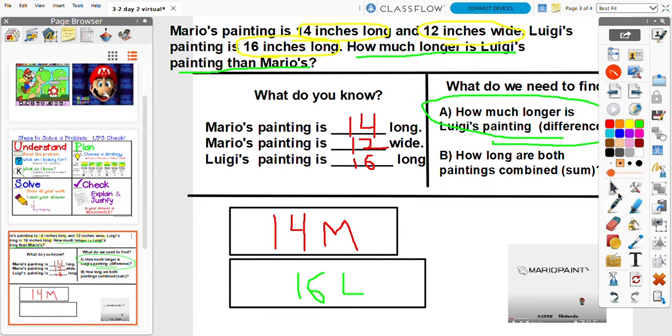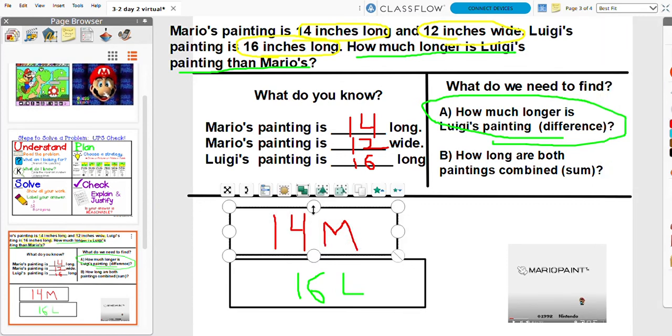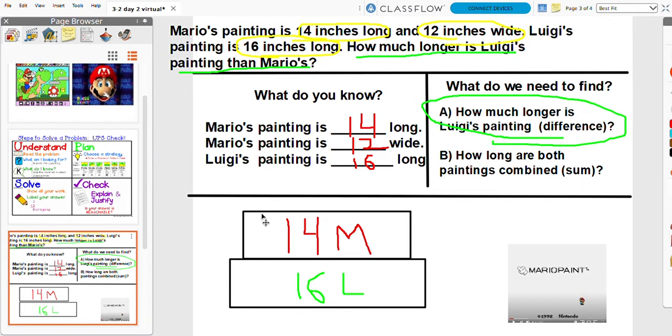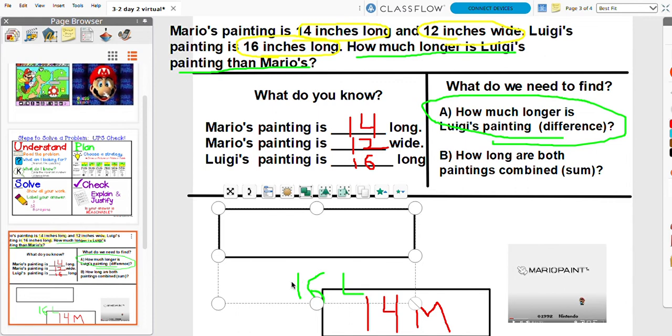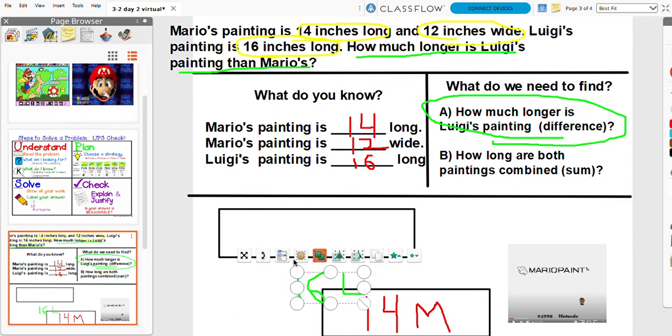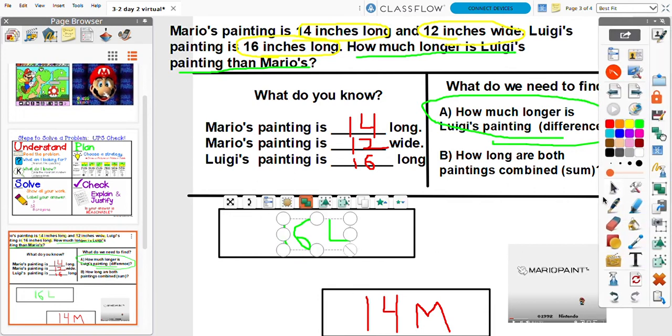Alright, so we have 14 and 16. We have to compare them. I'm actually going to move Mario on bottom, Luigi on top, because he's a little bit longer. So we know that 16 is longer. 16 inches is longer than 14 inches.